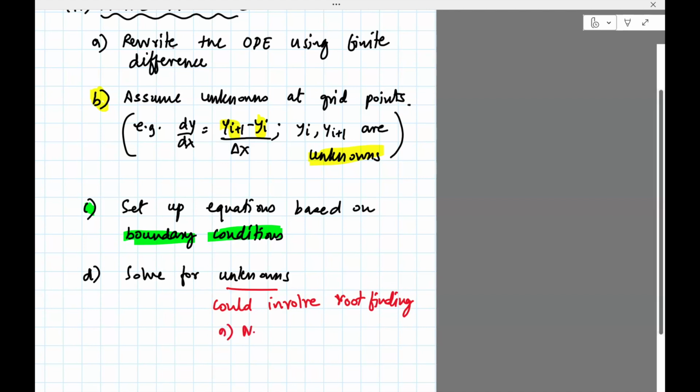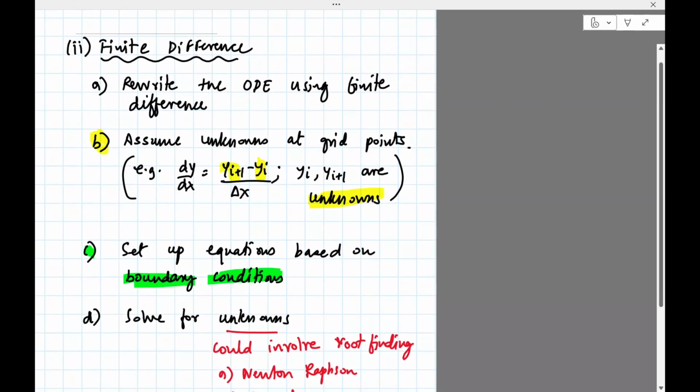So again, methods are Newton-Raphson, secant, and so on. For problem solving, we just use the simplest problem, which is going to be linear. It turns out that the problem I chose, which is the same problem as the one I did before, will give us linear equations.